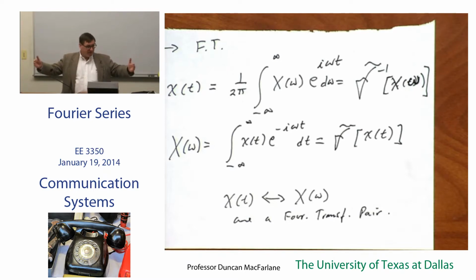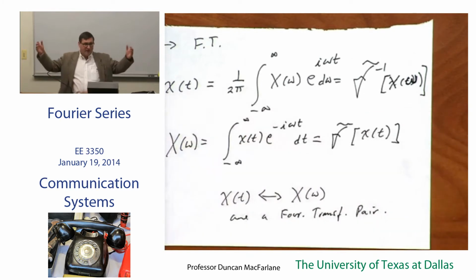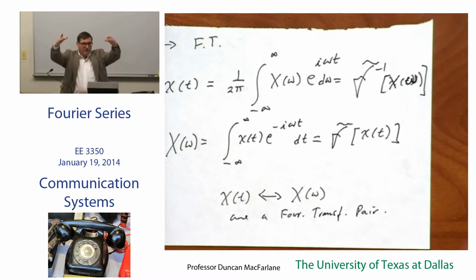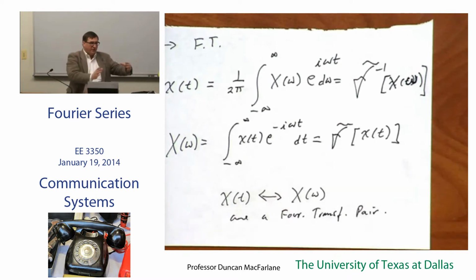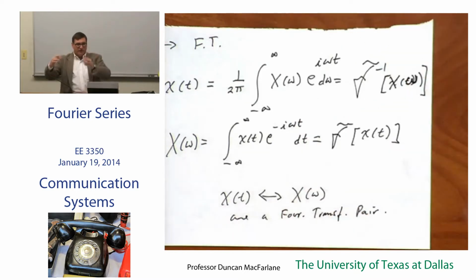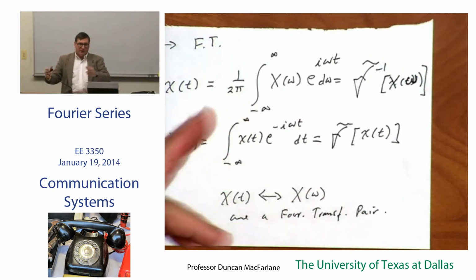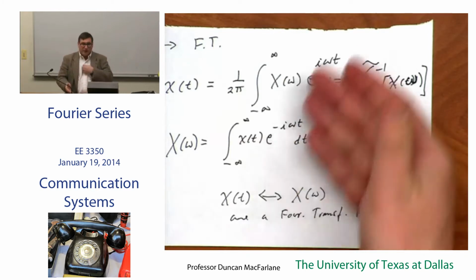Same information in the signal, x of t is the representation of that information in the time domain. So it's not that I have x of t and then I have x of omega. No, instead I have the information, and I choose to show that information in the time domain, or I choose to show it in the frequency domain, and I can move back and forth between them by these two integrals.